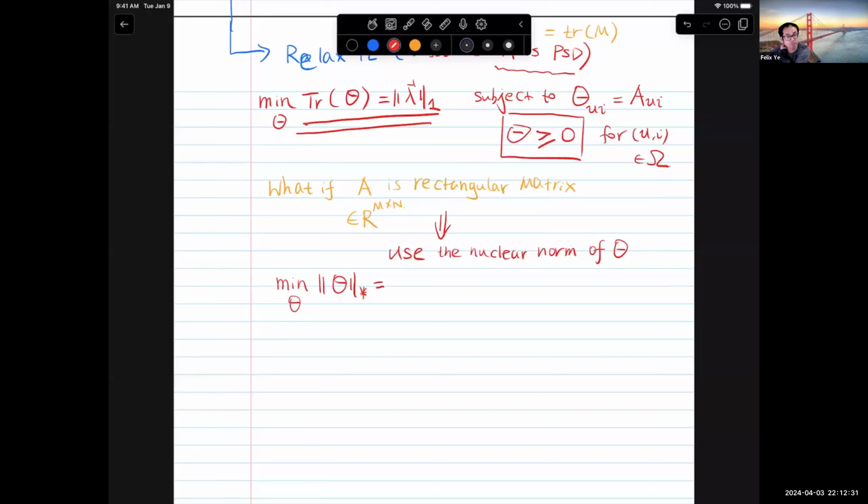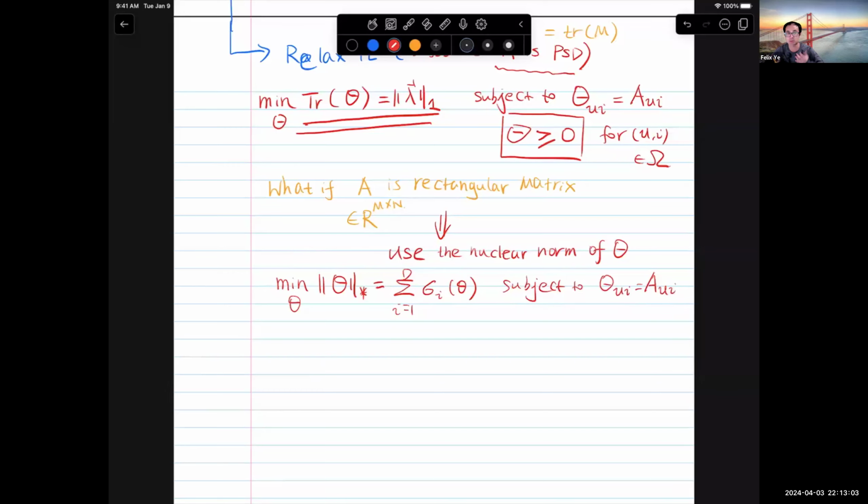By definition, the nuclear norm is the sum of the singular values of theta. This is very important, and we also have the same constraint, subject to theta_ui equal to A_ui.